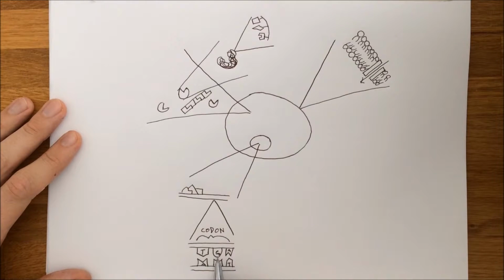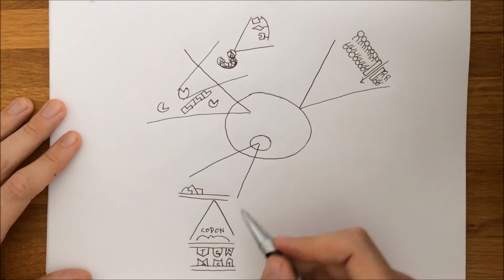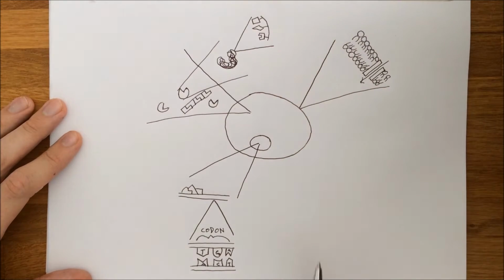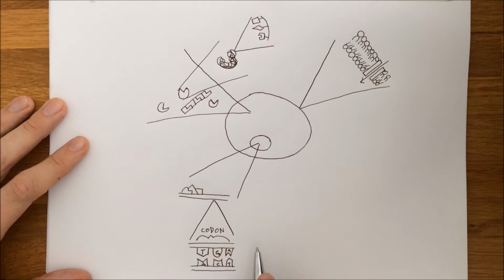And one codon in DNA codes for one amino acid in a protein. Okay? And since there are 4 different nucleotides, there can be 4 times 4 times 4, which equals 64 different possible triplets. So there are 64 different possible triplets.